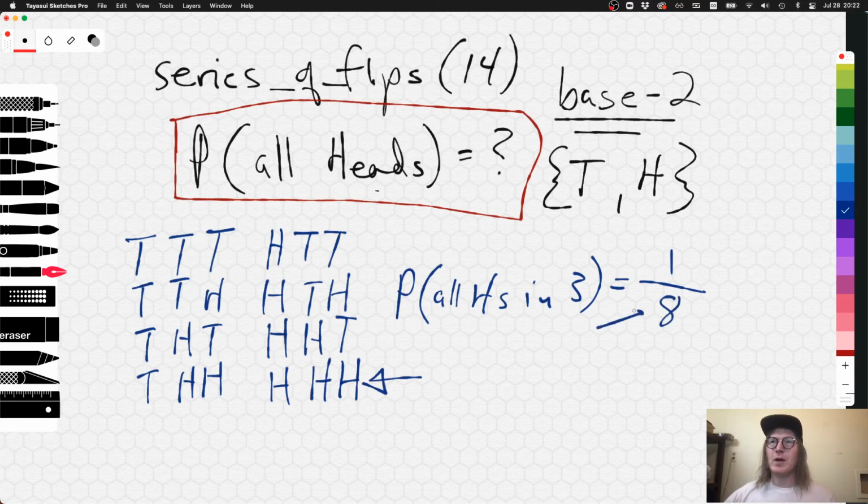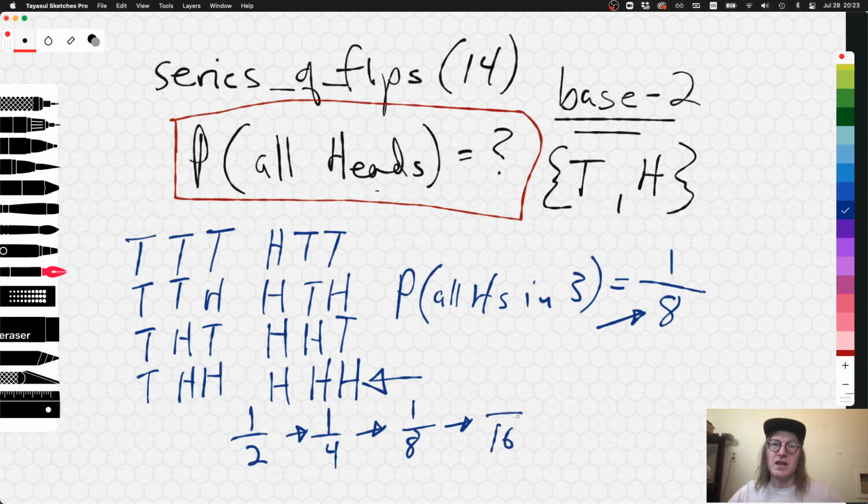So let's think about this denominator and how it's growing. It was 1 out of 2, then it was 1 out of 4, then now it's 1 out of 8. What's the next one going to be? For all heads in 4 flips, I think we can see a pattern here. 2 to 4, 4 to 8.